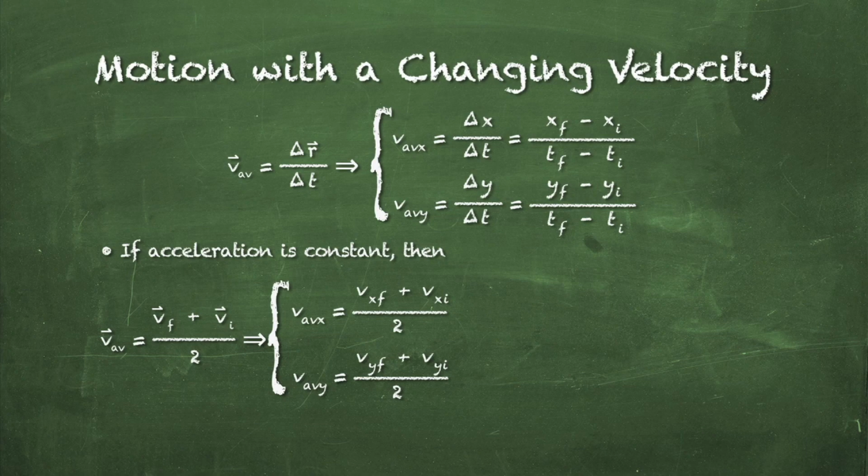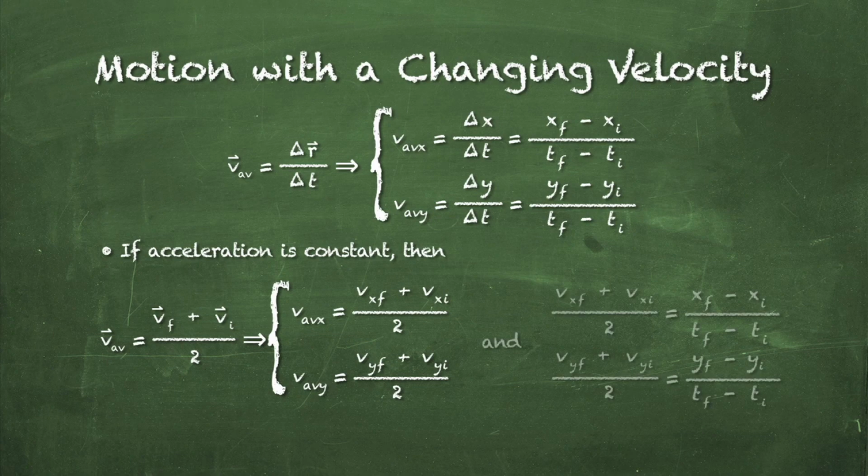Or if we combine the top and the bottom equations, then both of those have v average x in them or v average y in them, then we can write another equation, which is Vx final plus Vx initial divided by 2 equals x final minus x initial divided by t final minus t initial.